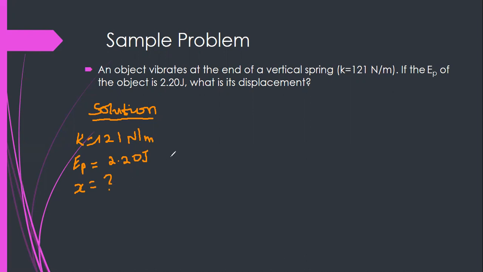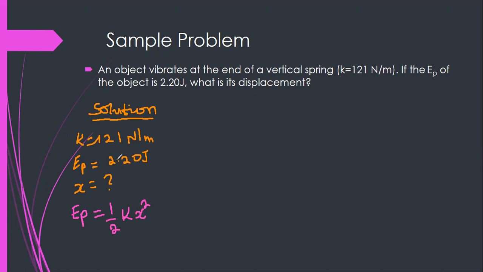So we're going to apply this formula. We know that potential energy is given as half K, the spring constant, times x squared. So all we need to do here is to substitute the values that we have, and then we are going to get the result.